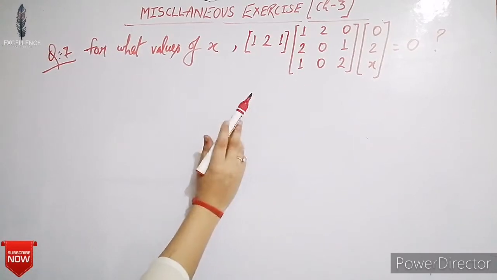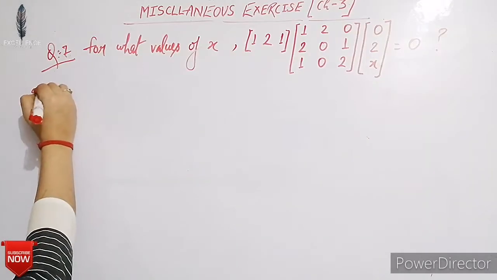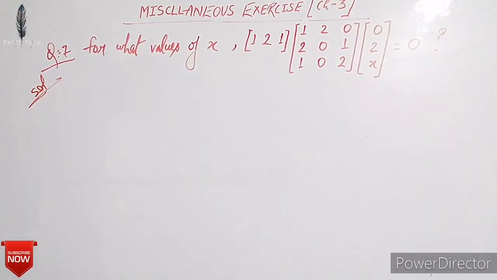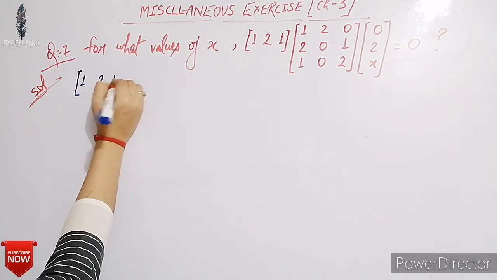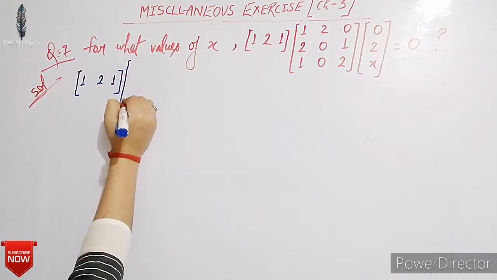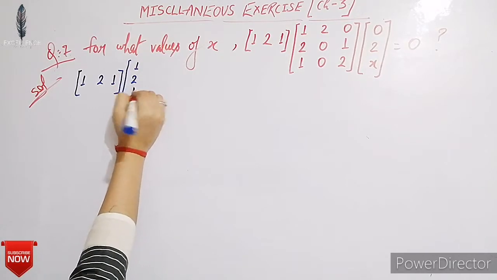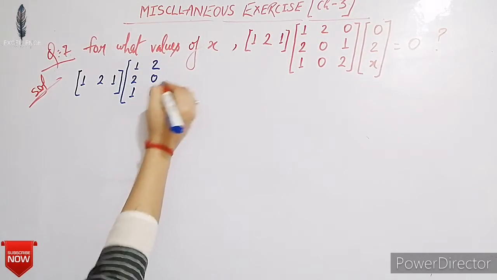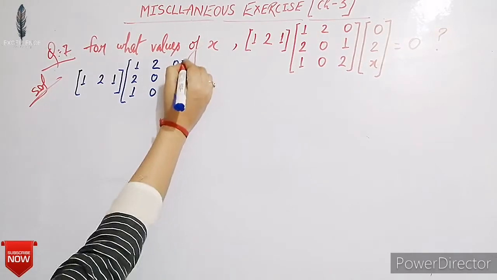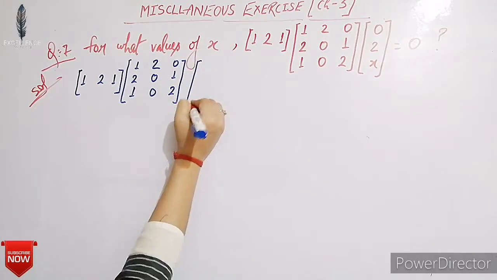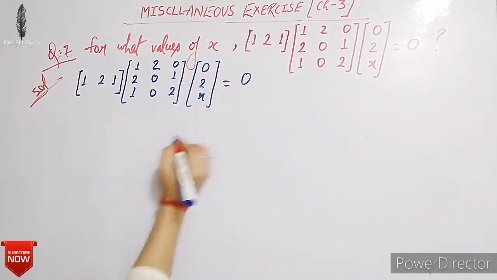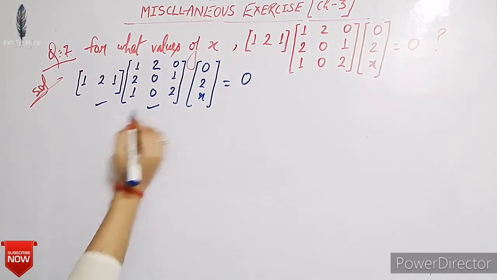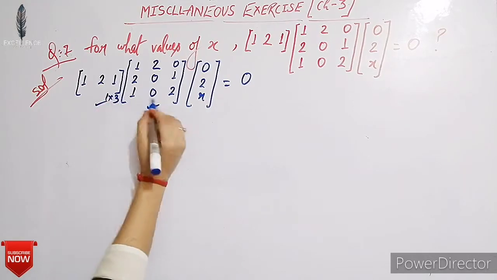For what value of x is the product equal to O, that is the 0 matrix. Here we have the first matrix as a row matrix, the second is a square matrix of order 3 into 3, and the third is a column matrix, equal to a 0 matrix. First we multiply first into second.